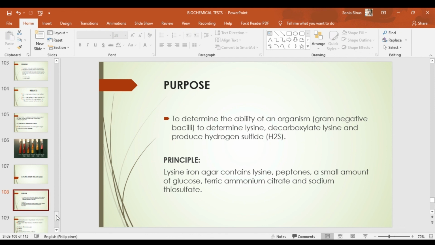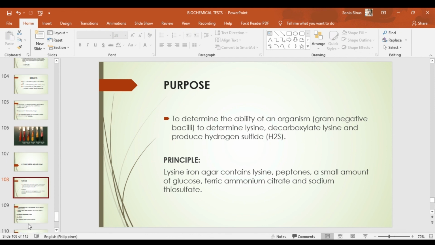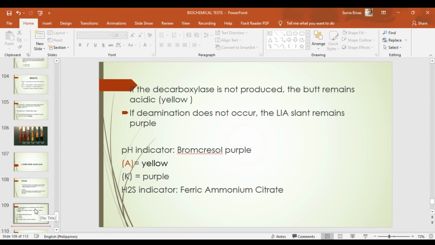So, it is also useful for the identification of our Enterobacteriaceae. So, if the decarboxylase is not produced, the bath remains acidic or yellow. But if the deamination does not occur, the LIA slant remains purple.